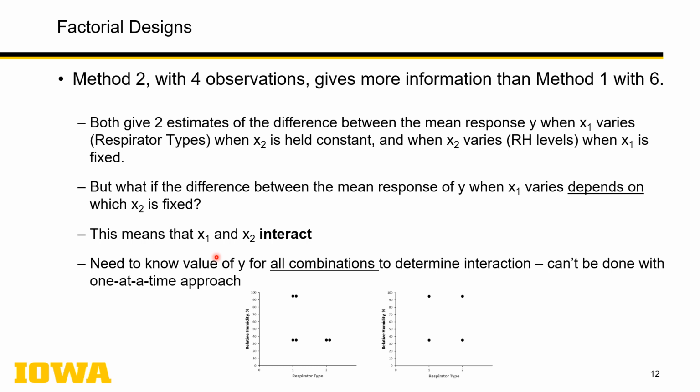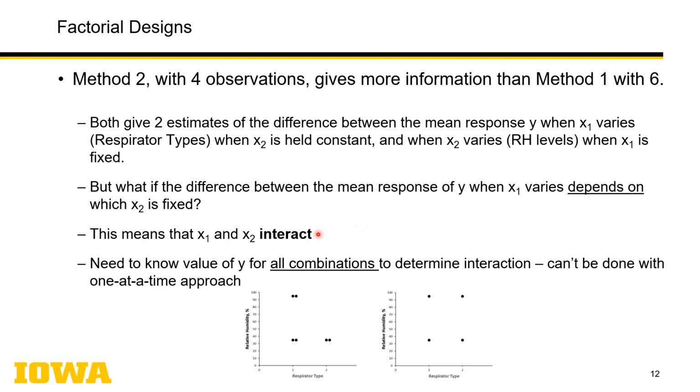Without interaction, the level of x1 should have no effect on the way x2 affects the response. That is, you hold x1 constant, and now I change x2 and see how it affects the response. Then I change x1 again to its high level, say, and all of a sudden the way x2 affects the response is different than the way it did before. In a sense, as we'll see, it has a different slope. It affects the response differently.